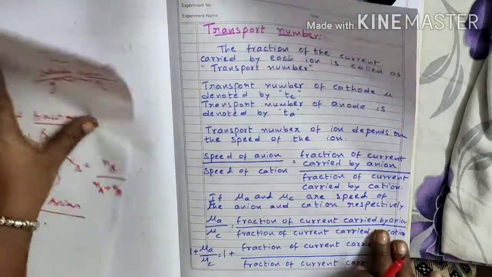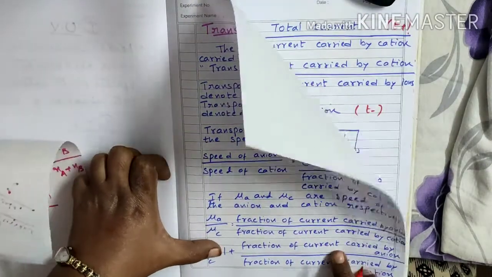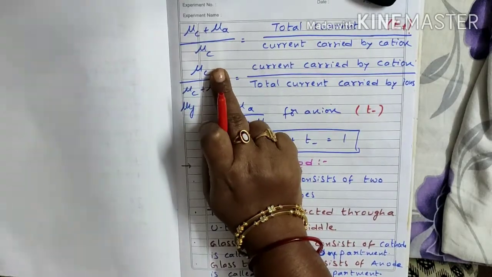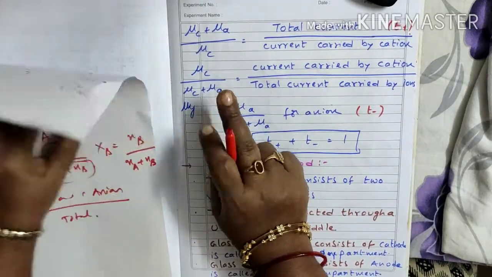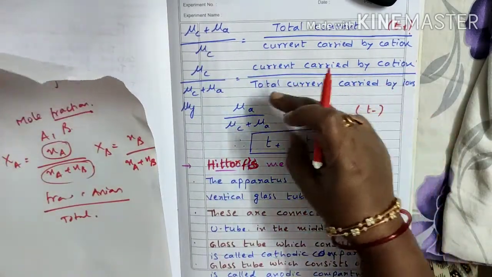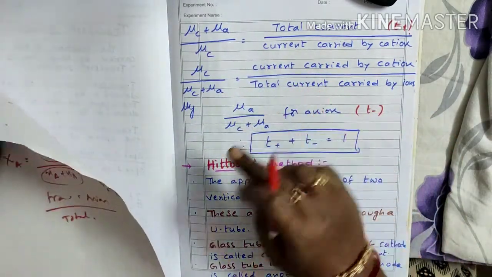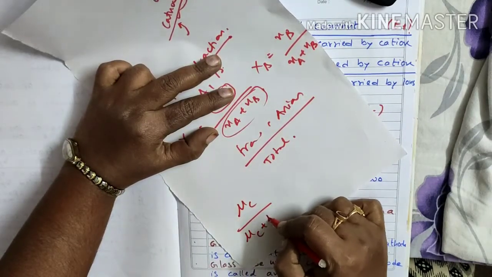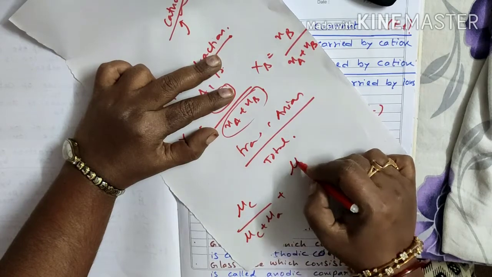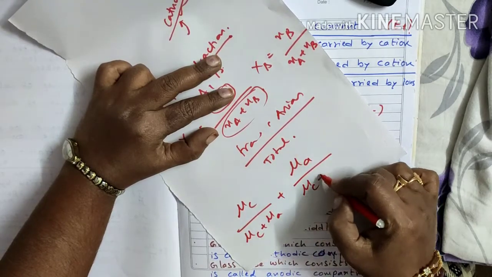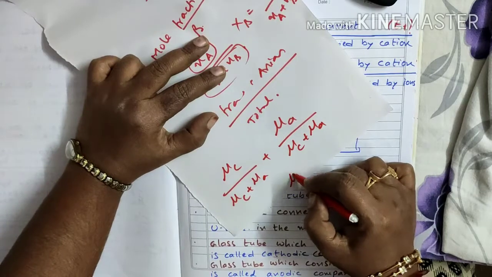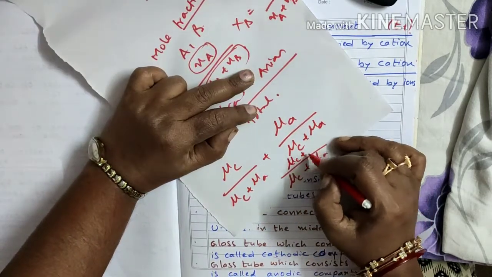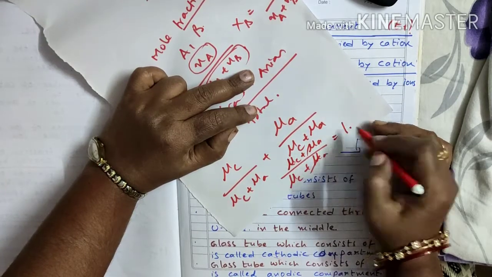So 1 plus nu A by nu C is equal to 1 plus the fraction of current carried by the anion over that of the cation. What is the final result? nu C over nu C plus nu A, that means the current carried by the cation by the total current. And for the anion, nu A by nu C plus nu A. When we add nu C by nu C plus nu A and nu A by nu C plus nu A, taking nu C plus nu A as the LCM, nu C plus nu A cancel each other and we get 1.